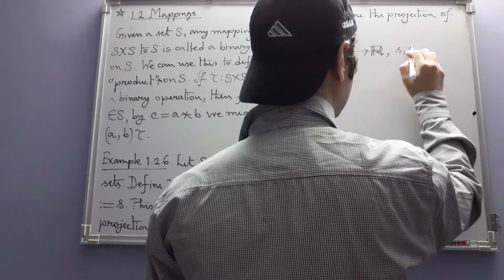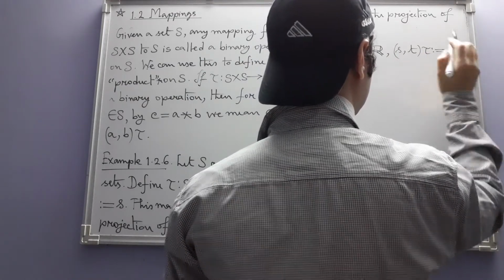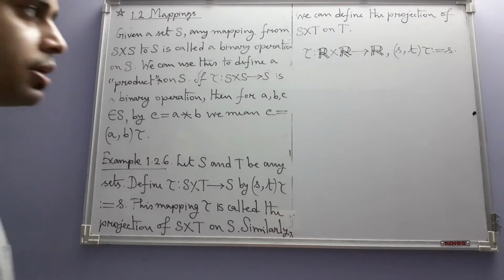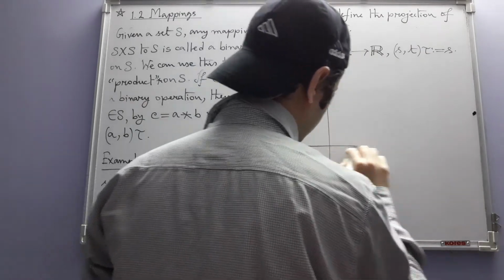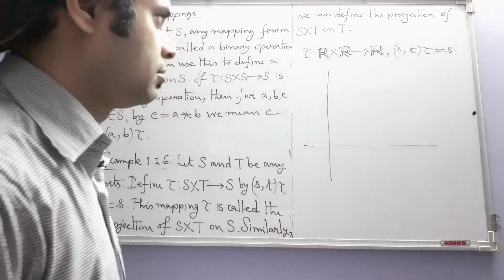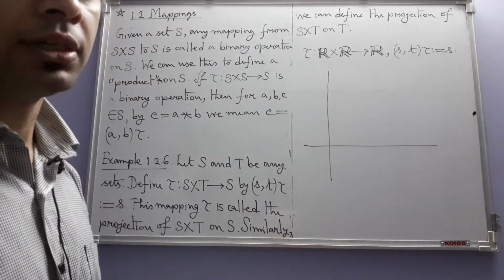where this is mapped onto S, then we can at least try to understand the situation using coordinate geometry, or using the association of R cross R with the plane of geometry.